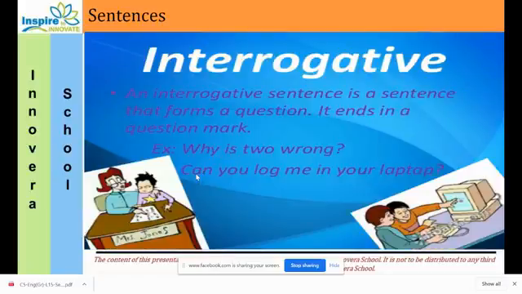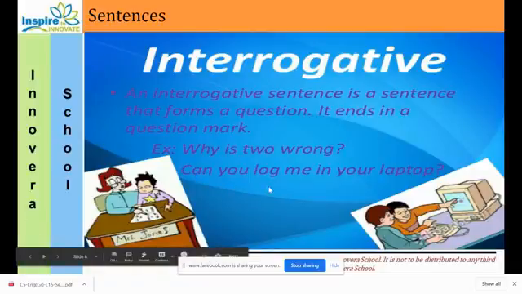Then we discussed the interrogative sentence, and how to form an interrogative sentence from a statement. It begins with a capital letter and ends with a question mark.